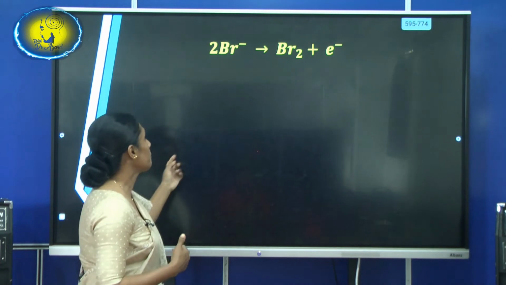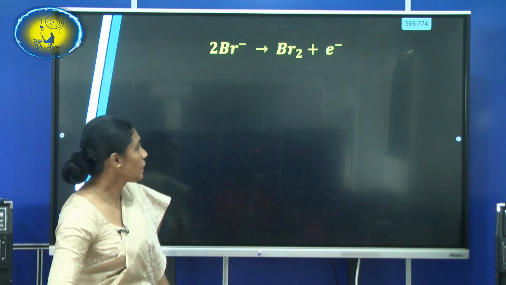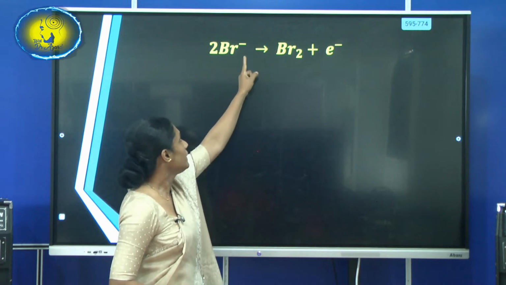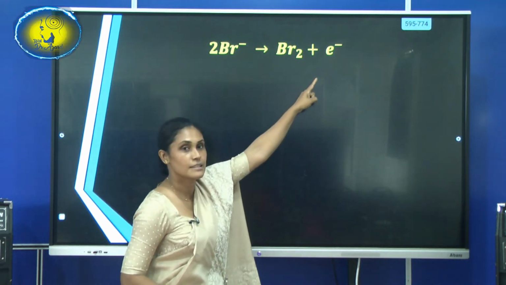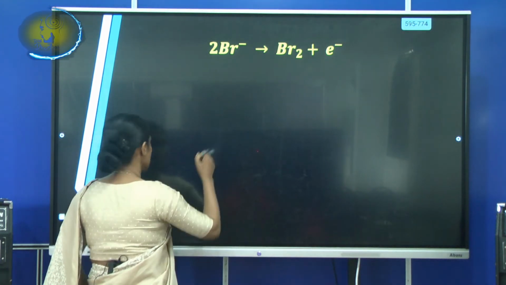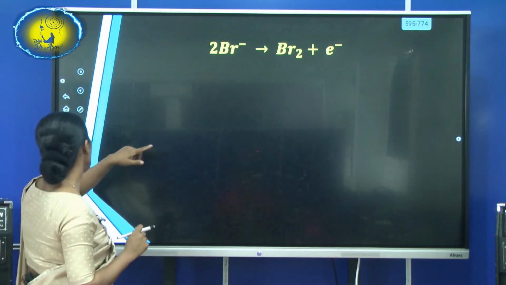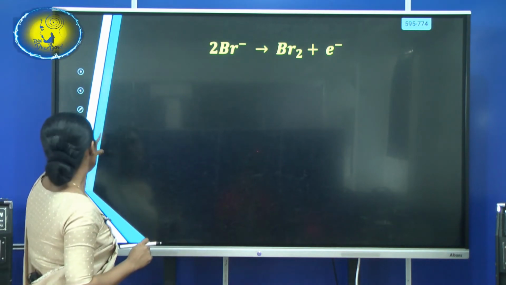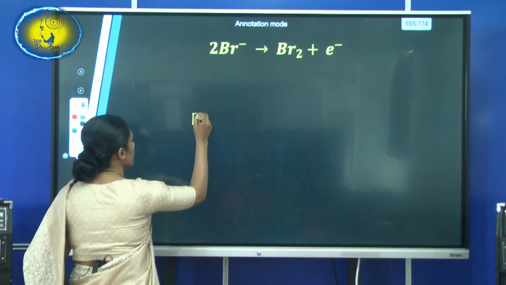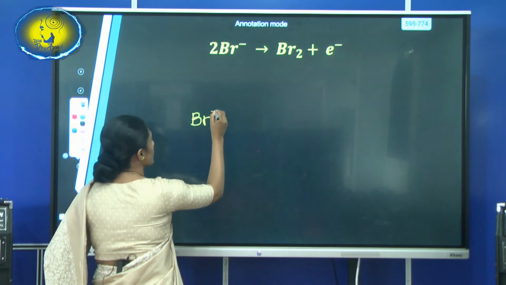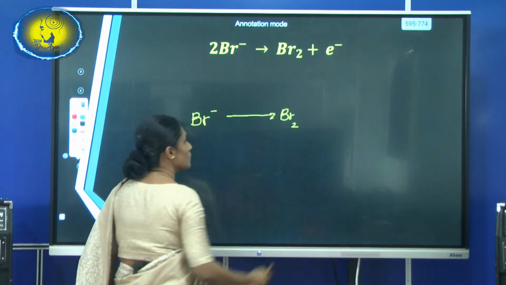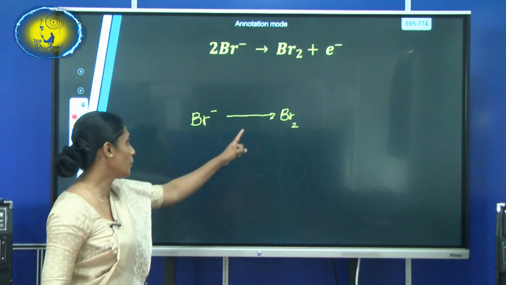Okay, here we go. First one, you see, bromide ion has lost electrons here. How does it come? Look at the board now. See? Bromide ion turns to bromine diatomic molecule now.